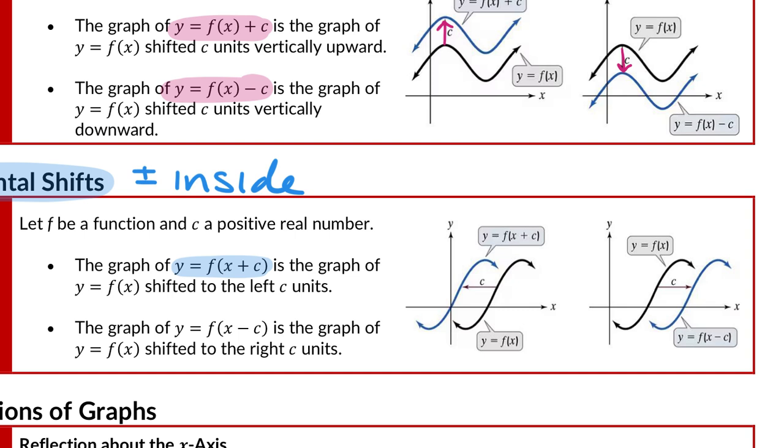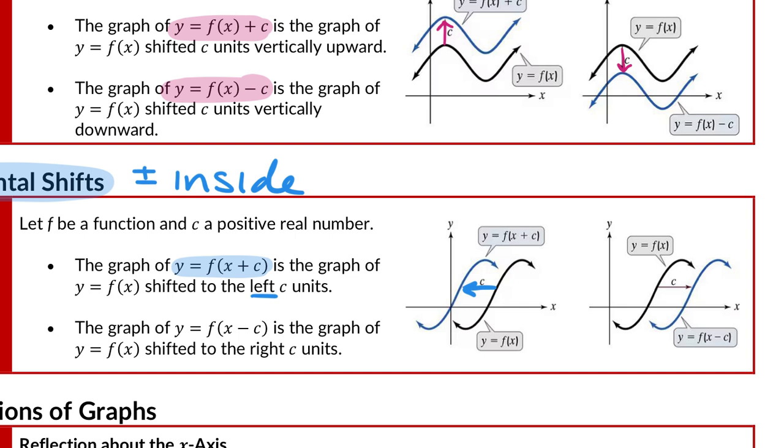If you have a number that you are adding to the function on the inside, that's going to move your graph to the left, which is a little bit backwards, because typically when you think adding numbers, you think positive numbers, which is towards the right. But for transformations, because it should be minus c, this is plus a negative, which means we're moving to the left.